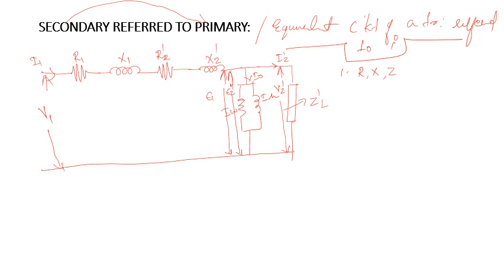The rule is applicable only when we consider all the parameters referred to primary. Okay, the first rule is that if we transfer the resistance, reactance or impedance from secondary to primary, then it must be divided by k square.